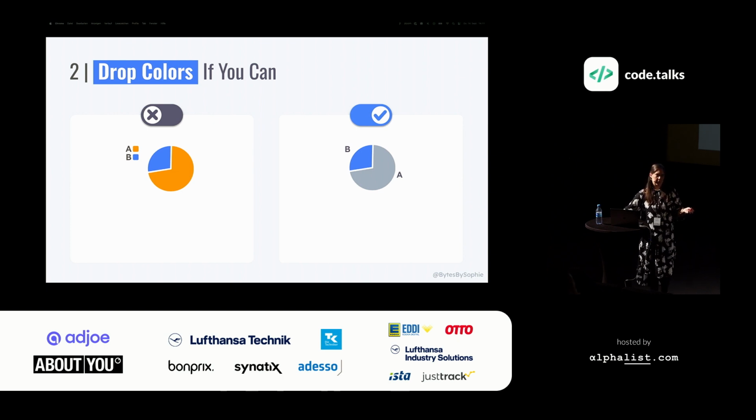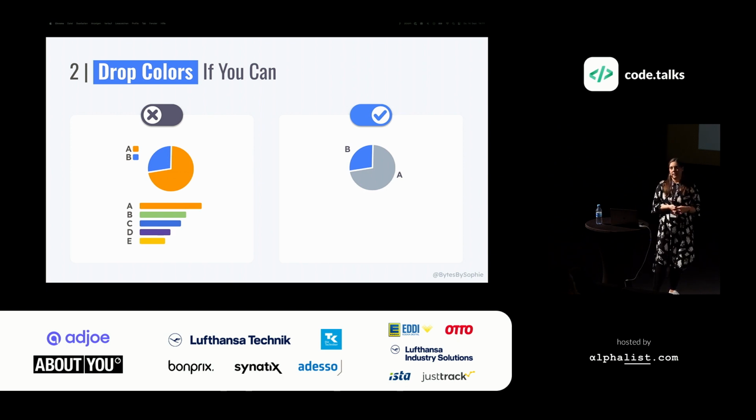But there's also a good example to drop color completely, like in this case. And you might think, this is not a typical chart, but I have seen this quite a lot, actually. It's a bar chart that uses color even though it has no meaning. That is pretty distracting for the brain and not giving any benefit, so it is highly ineffective.